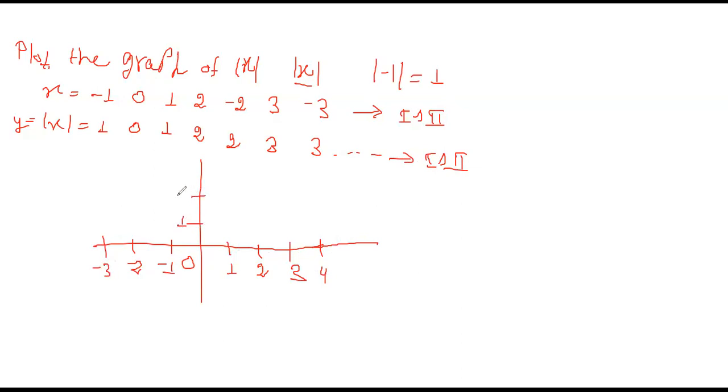It is 1, it is 2, it is 3. Now tell me, when you take x is equal to minus 1, y equal to 1, it will be here. X is equal to 0, it will be here. X is equal to 1, y equal to 1. X is equal to 2, y equal to 2. X is equal to minus 2, y equal to 2. X is equal to minus 3, y equal to 3. X is equal to 3 and y equal to 3. So its graph will be easy. Got it?